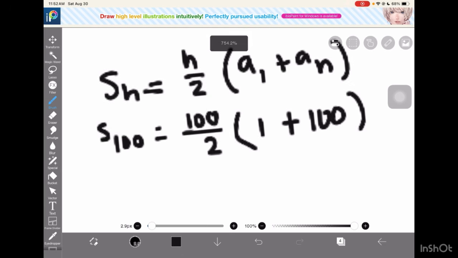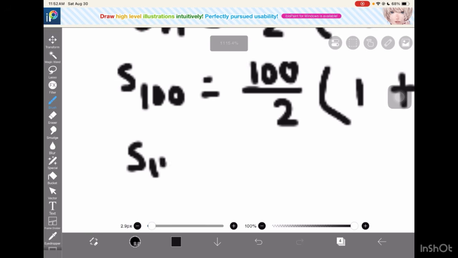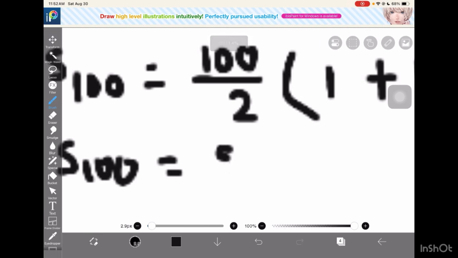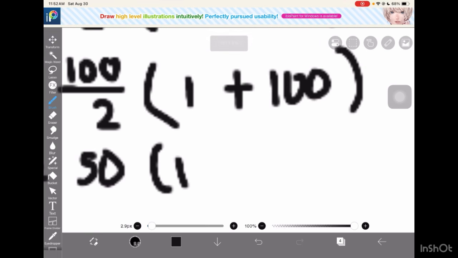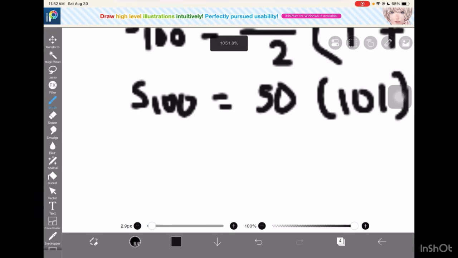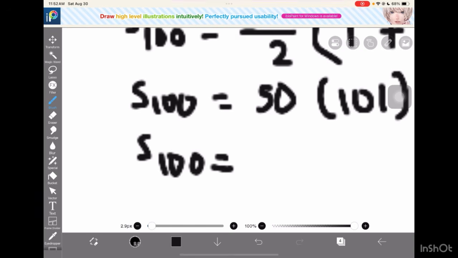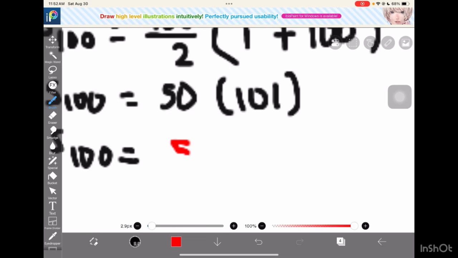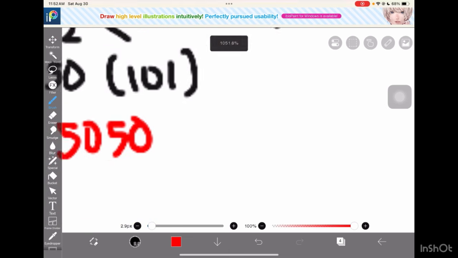And then we simplify this. 100 over 2 is just 50. And then we have 101 here. So S of 100 is equal to 5,050. And that's our answer for number 21.